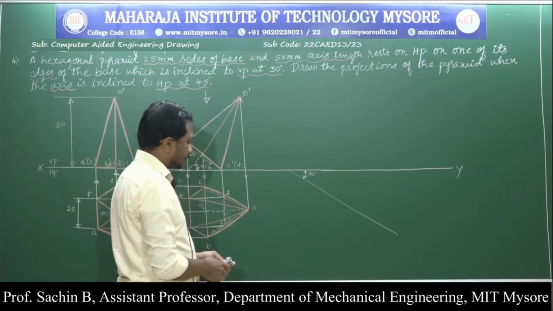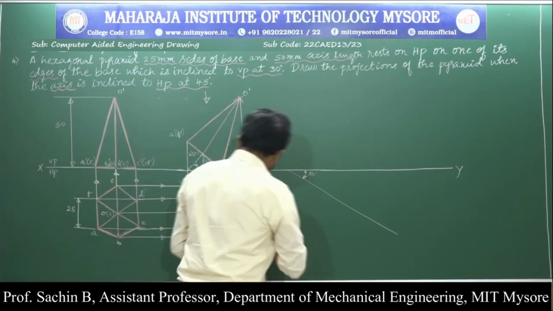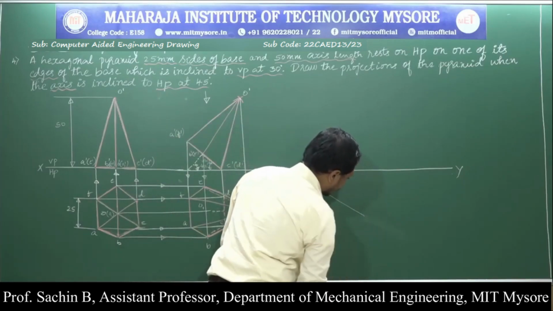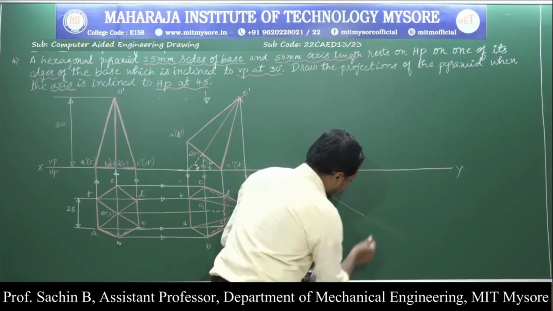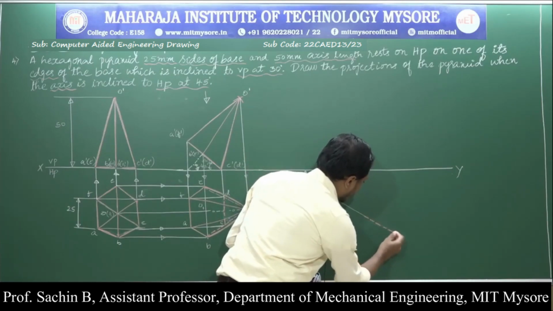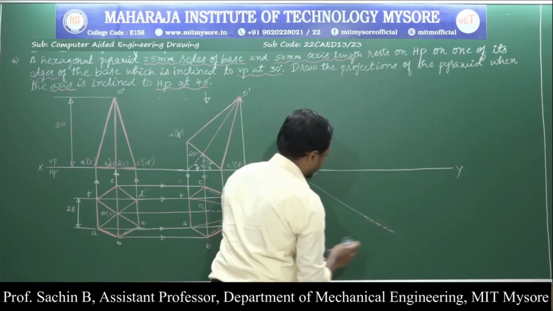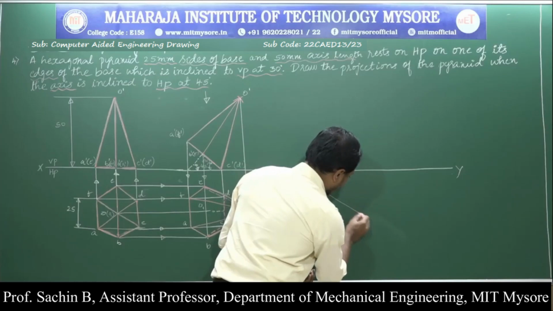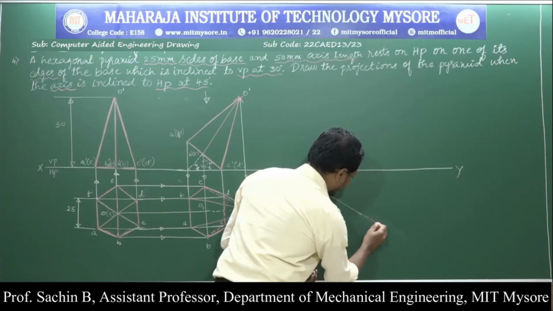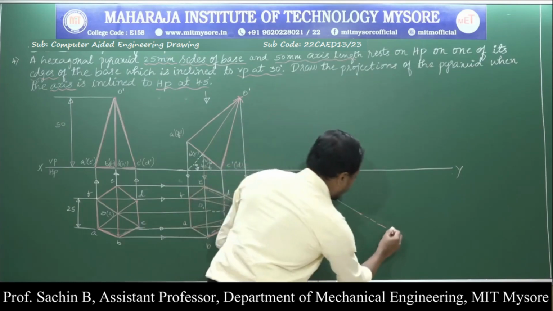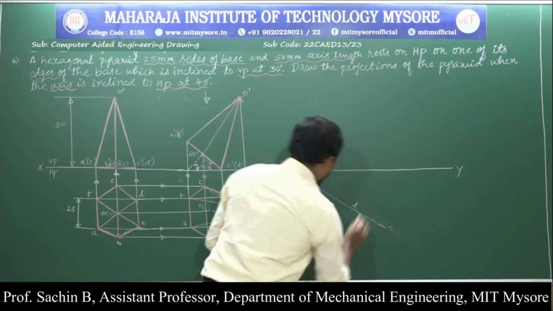Based on that, I'll measure the C to D length and mark that C to D line over here. This is the C point, this is the D point.